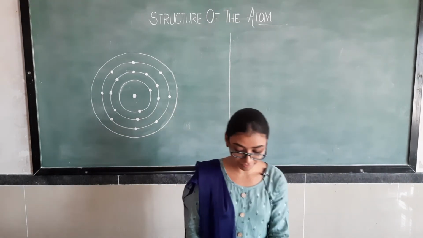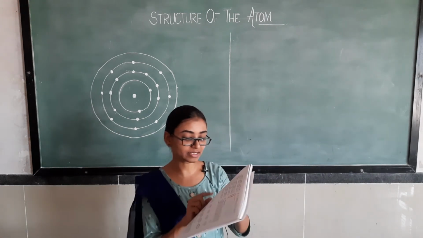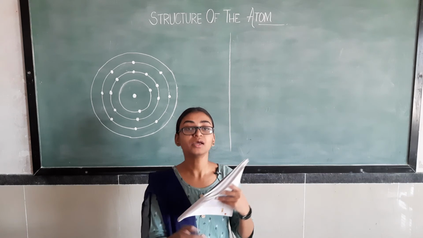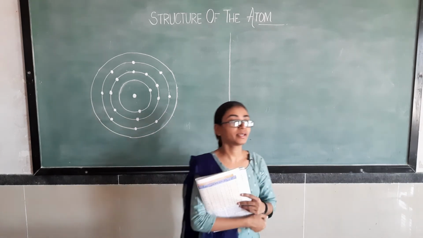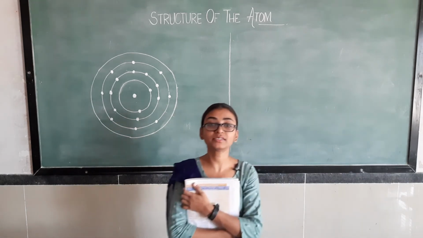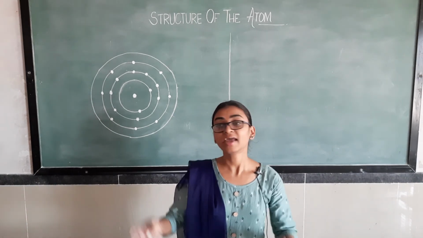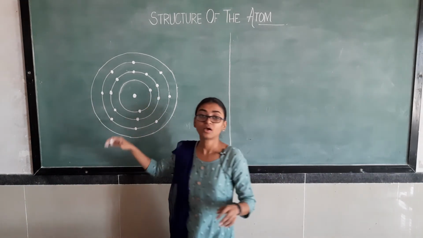But in these elements, lithium, beryllium, boron, carbon, nitrogen, oxygen, fluorine, what is happening? They don't have a total of 8 electrons in the outermost shell, right?